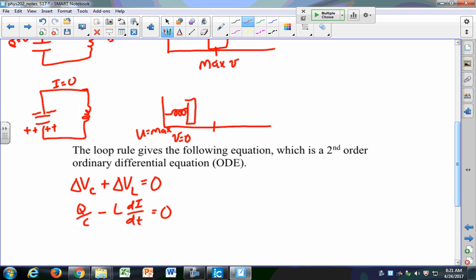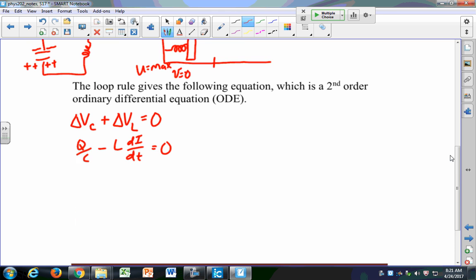All right. And notice here that I have a variable Q and a variable I. They're related to one another, but they're different. And so I want to get these all in terms of Q. Now I is equal to dq dt. Actually, I'm going to start using lowercase q. dq dt.